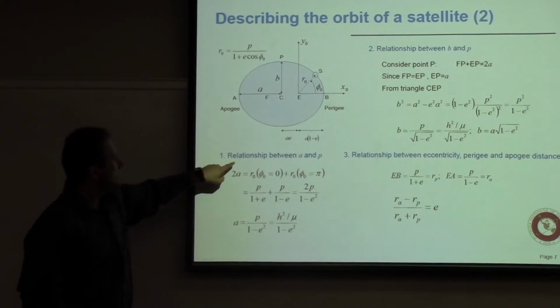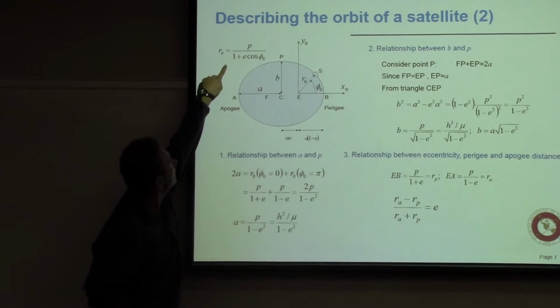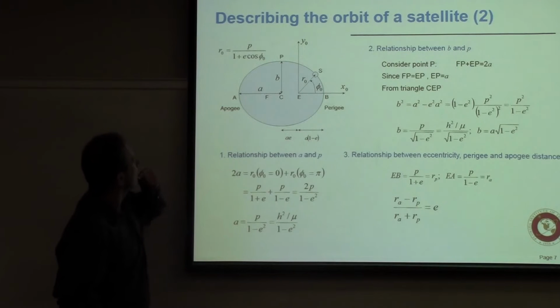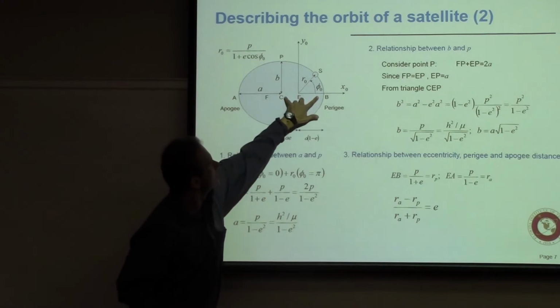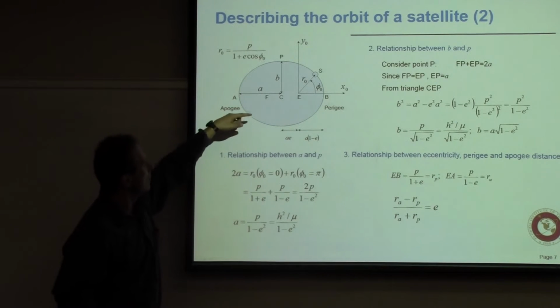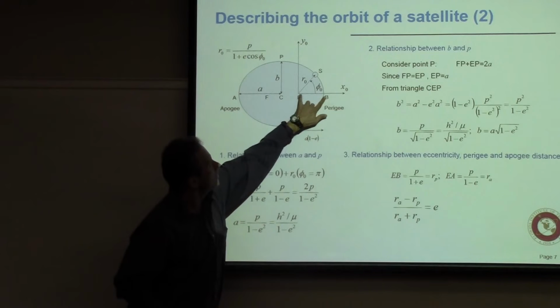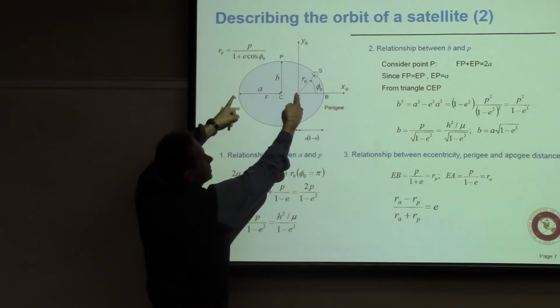So, the relationship between A and P. If you look at this equation here, you can see that 2A, which is essentially this plus this, has to be equal to R0 when you are at the perigee, which is this part here, and R0 when you're at the apogee, which is this part here.